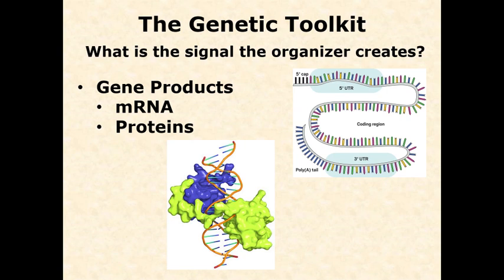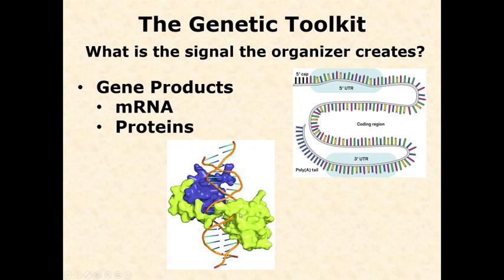Okay, so the organizer creates these signals in the form of mRNA. That's the most common one. The mRNAs can then diffuse across a growing embryo and send a signal. Proteins obviously are the final action, and most of these mRNAs that are important are either signaling factors or they themselves are transcription factors.